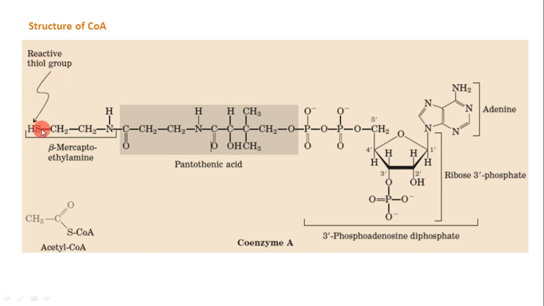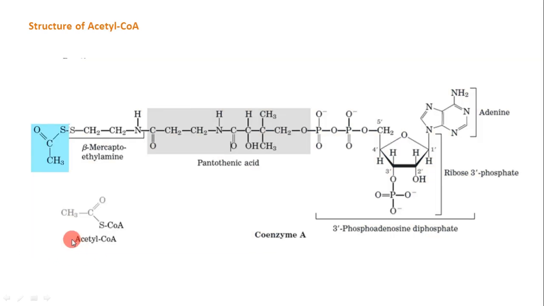To this SH group, the acetyl part will be added to the coenzyme A. So the acetyl part, that is the CH3CO part, will join with the SH group of beta mercaptoethylamine of coenzyme A, and thereby acetyl coenzyme A will be formed.